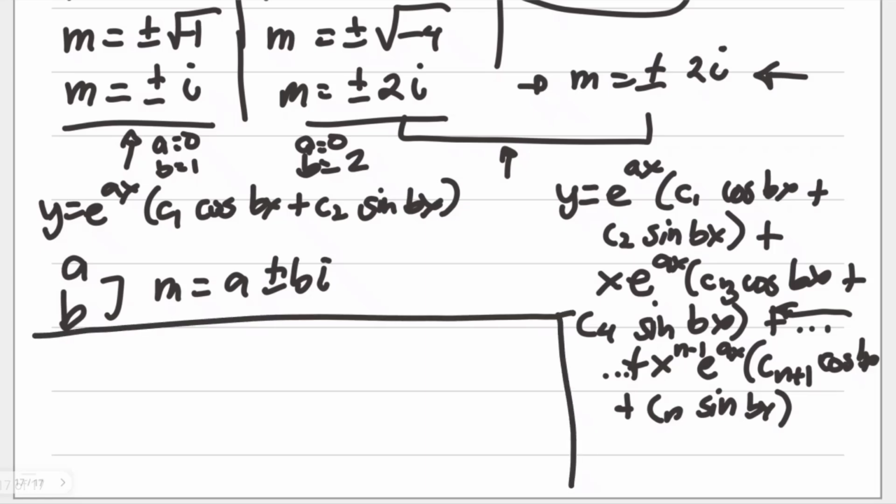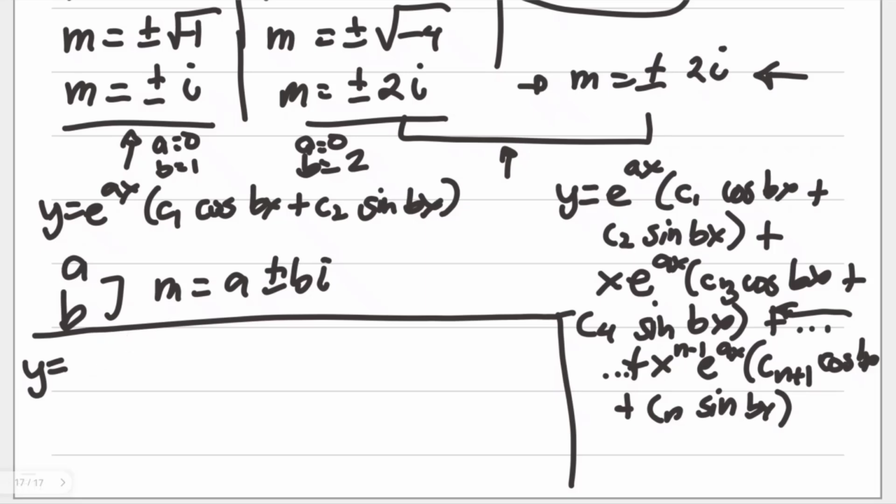Okay, y is equal to, please bear with me because I'm going to jump immediately to the result. You have e to the power of 0x, that's your a, that's just equal to 1. So no need to have that multiplier because of a 0 exponent.